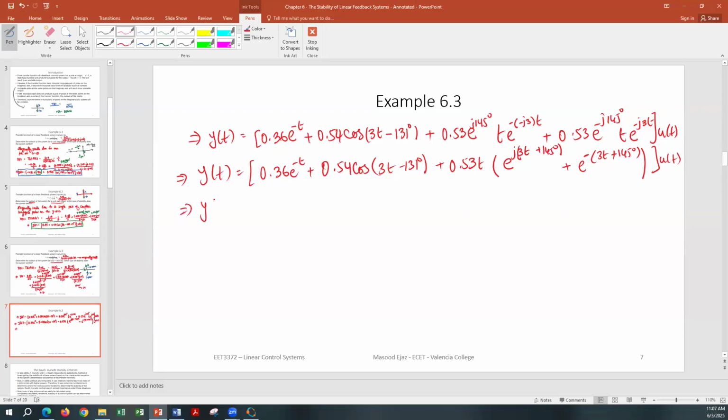So the last one is going to make another cosine signal, e to the jx plus e to the power negative jx, 2 cosine x.